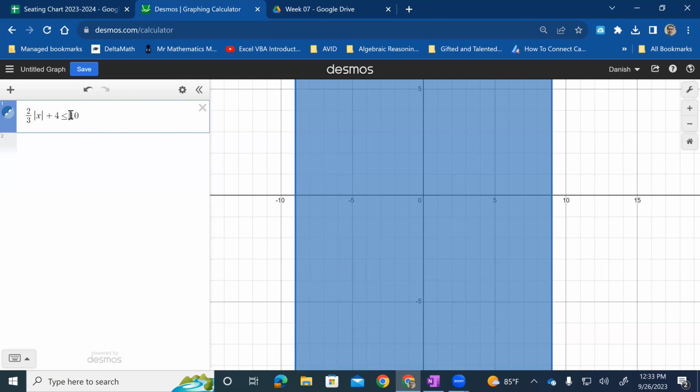So whatever question you're trying to solve, if you're looking at Desmos, the solution will be the points where the curve or the line will intersect the x-axis. Got it? That's finished. That's what we wanted to learn about this topic.